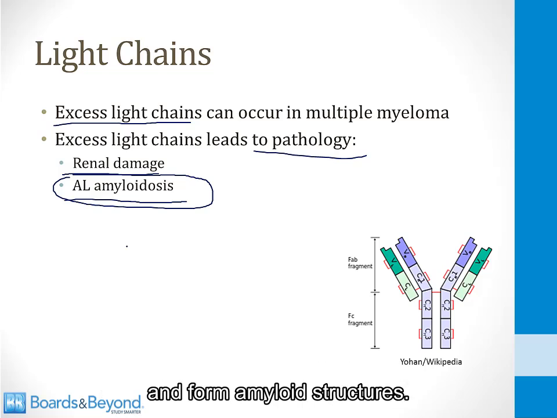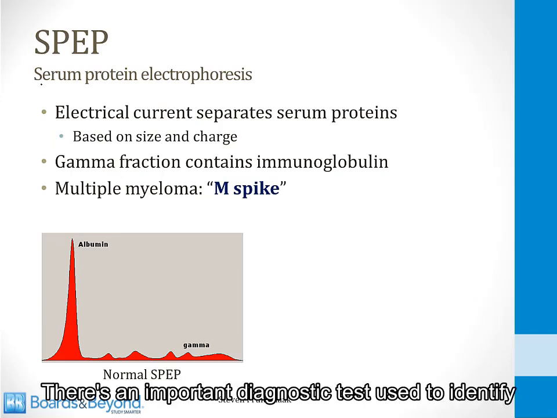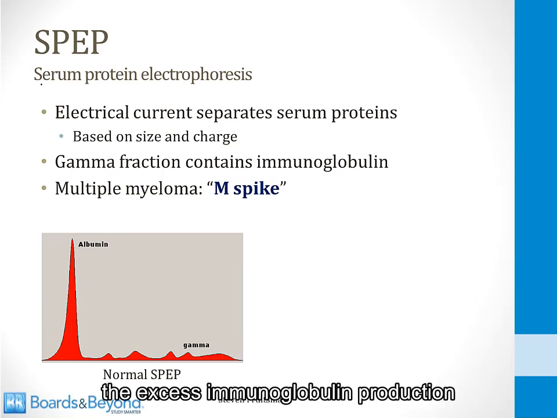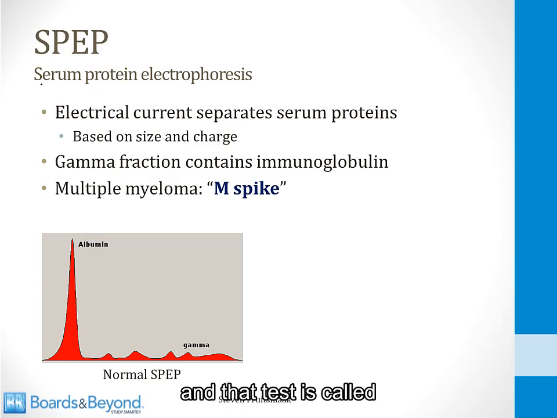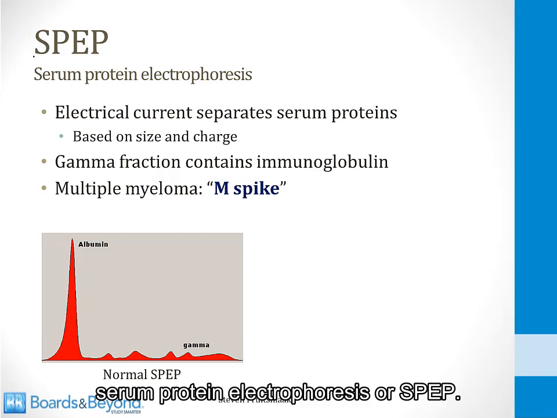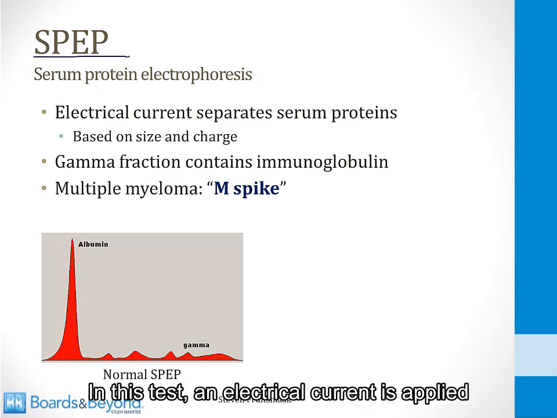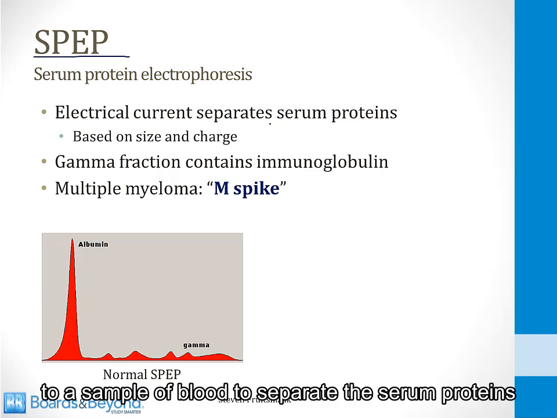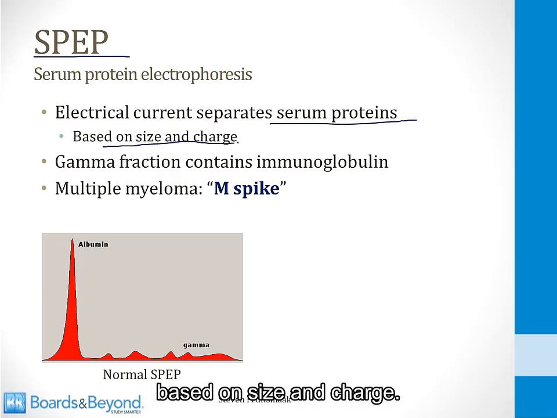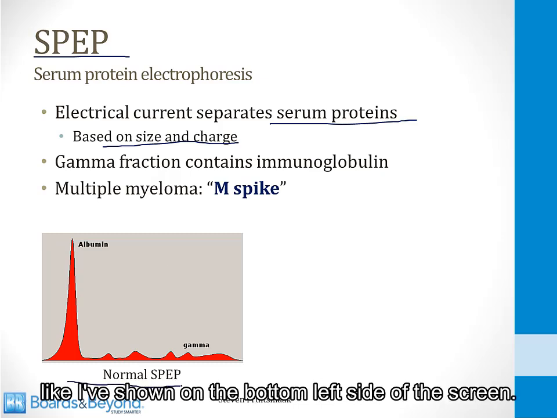There's an important diagnostic test used to identify the excess immunoglobulin production that occurs in multiple myeloma, and that test is called serum protein electrophoresis, or SPEP. In this test, an electrical current is applied to a sample of blood to separate the serum proteins based on size and charge. The results are typically diagrammed like I've shown on the bottom left side of the screen.